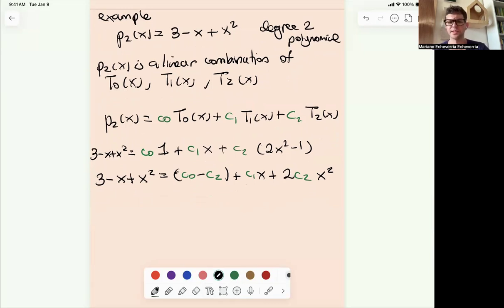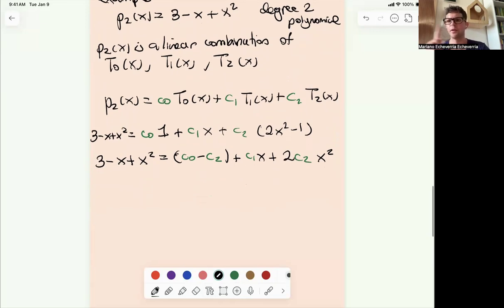Then it's a simple system of equations that you have to solve, because two polynomials agree at infinitely many points, since they have to agree at all the points between -1 and 1. And two polynomials cannot agree on infinitely many points unless they're exactly the same polynomial. So that forces the coefficients to be the same.